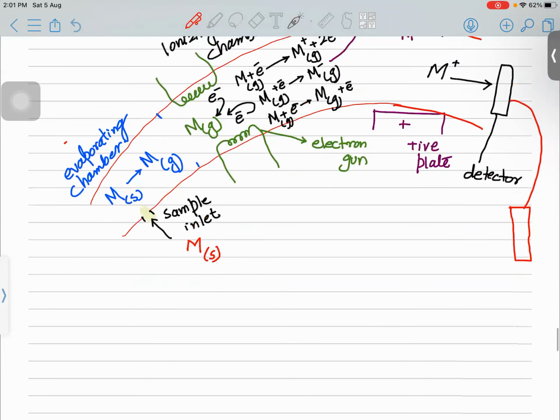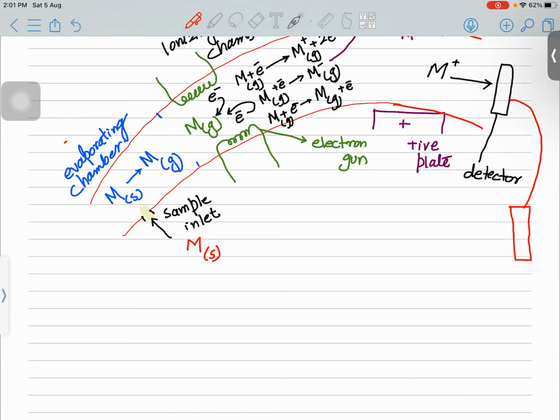When M positive strikes the detector, a tiny current is developed. Here you have the amplifier. This small current is amplified by the amplifier. Then you have the computer. The computer converts the electric signal to an electronic signal.